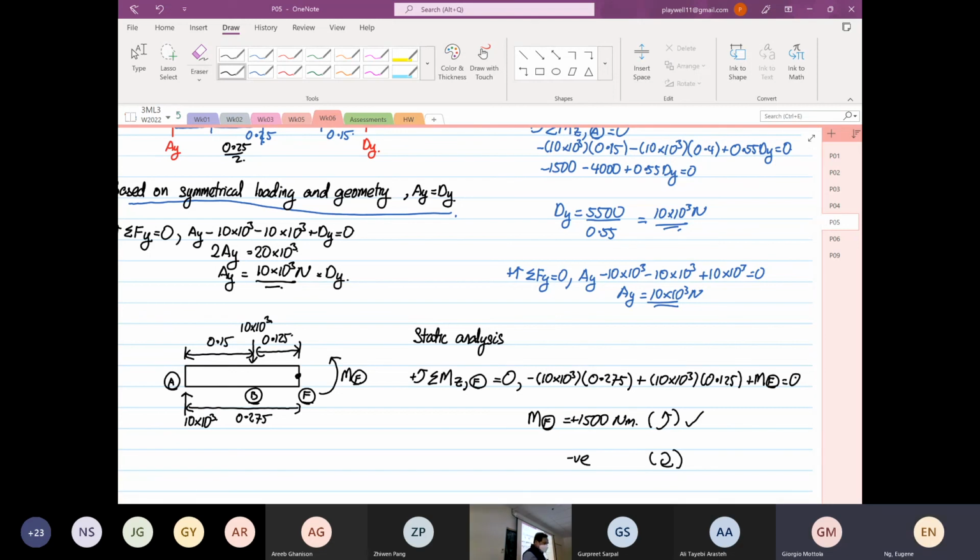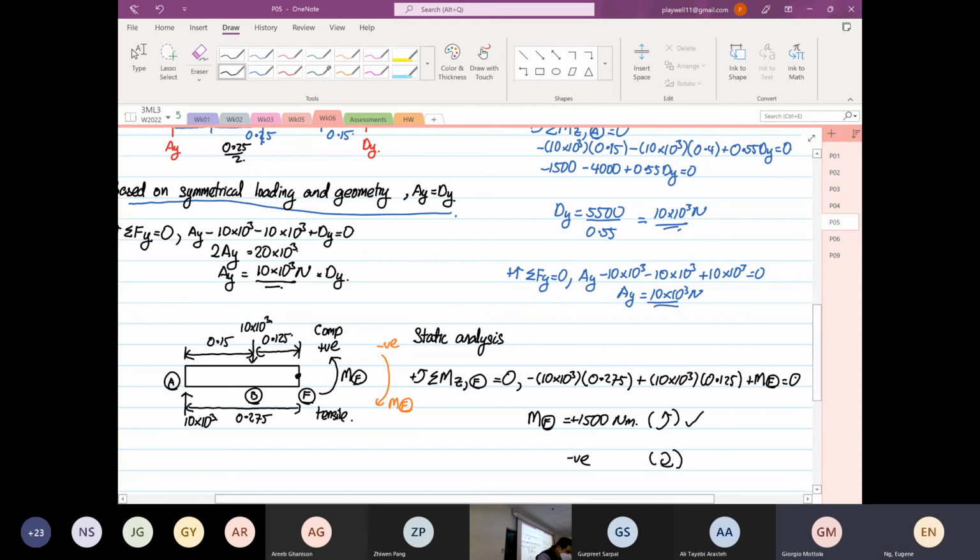Let's say now, I'll use a different color. Now you calculate and it's negative. You switch the direction here. If this is negative, MF is negative, and when we calculated it is positive. If it's positive, what does this mean? The head of the moment vector at the top is compression, at the bottom is tensile.